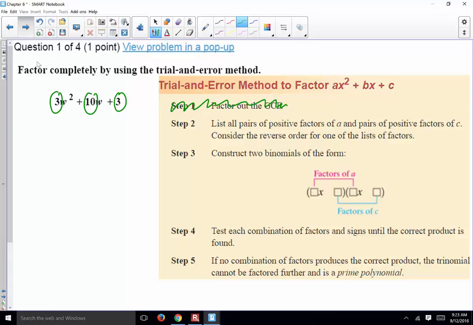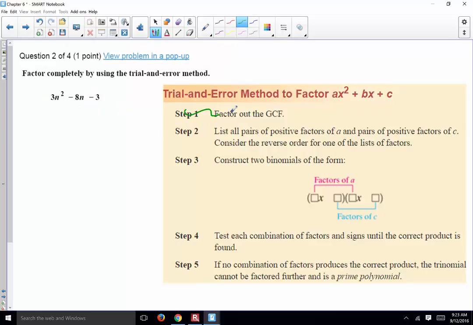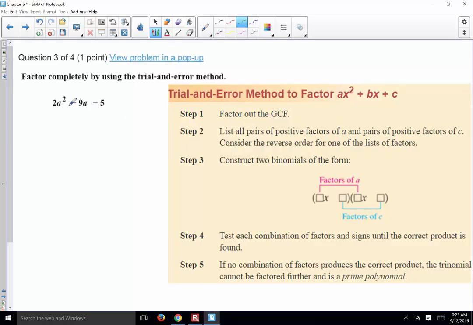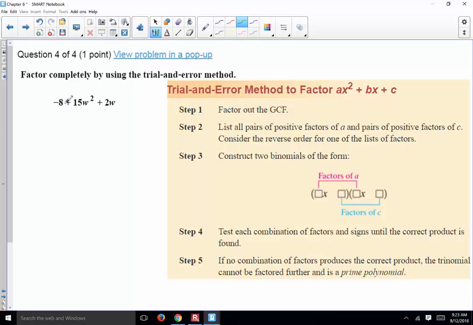Look, in this question it's skipped as well. There is nothing common between these numbers, 2, -9 and -5. And there is nothing common here as well, 8, 15 and 2. No common divisors or factors of these numbers.